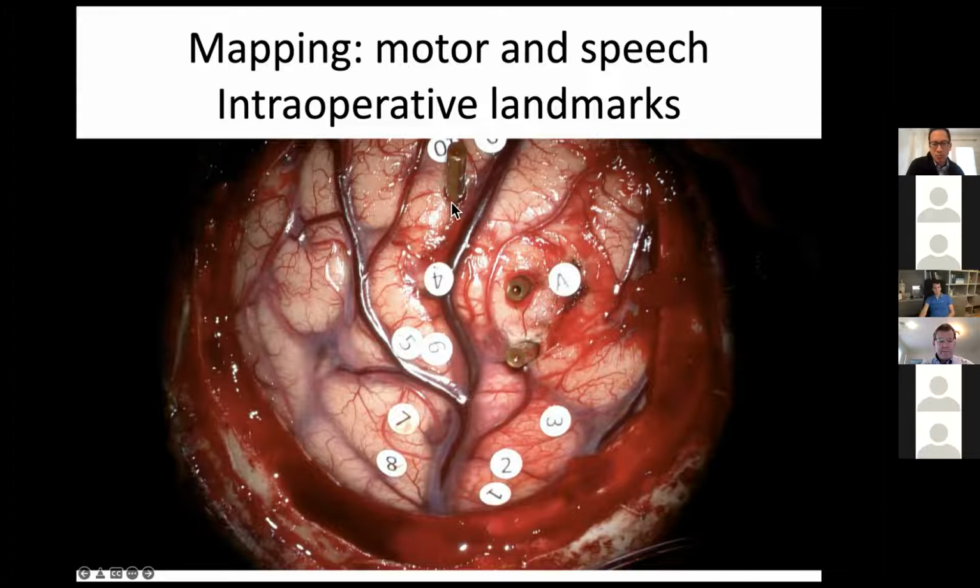A posterior-based landmark so that it doesn't get into the posterior postcentral gyrus. As many of you know, the postcentral gyrus actually does have motor fibers in it as well. And so preservation of those sensory fibers when you're removing the motor cortex, for example, is very important for postoperative recovery.